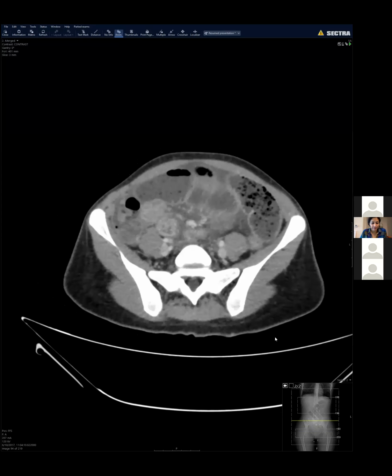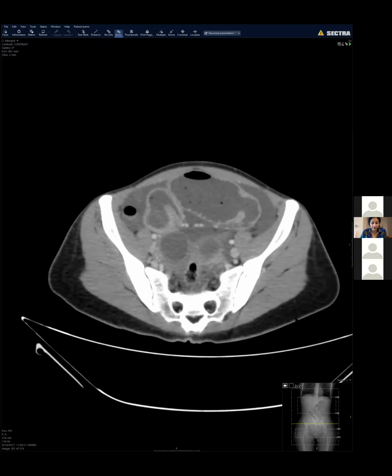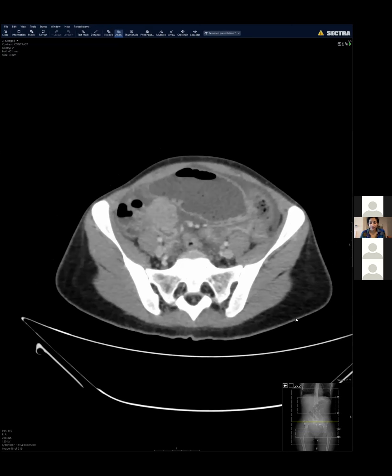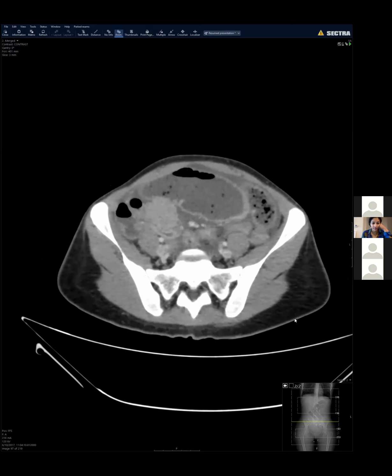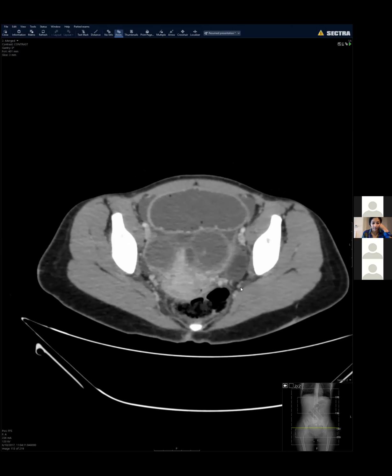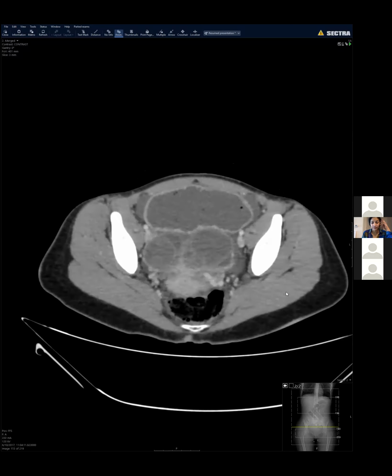Some of the other differentials we also thought of were an unusual presentation of Crohn's, more like a mass-like variant, like an inflammatory mass from a first-time presentation of Crohn's. But that wouldn't tie up the ovarian findings unless the ovary was tied to some old PID with a complex hydrosalpinx on one side and some cysts on the other side.